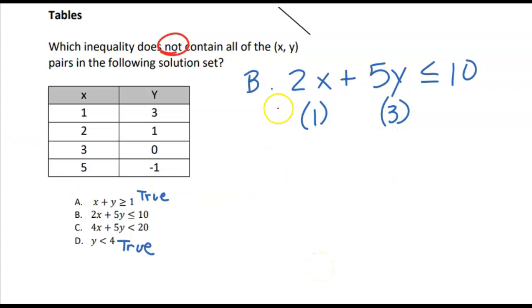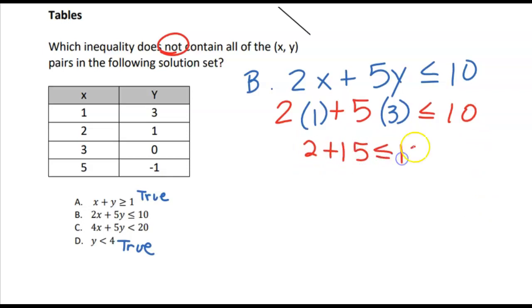My equation says 2 times x plus 5 times 3 is less than or equal to 10. 2 plus 15, is that less than or equal to 10? Is that true? And because of this word not right here, I am looking for the one that is not true.